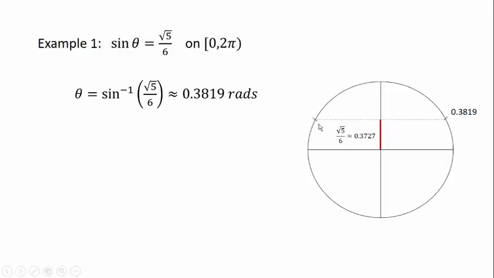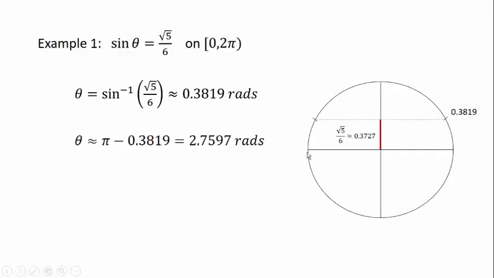Now, notice by symmetry that this arc length that is 0.3819 radians is equivalent to this arc length over here in the second quadrant. So that means if I take pi, which is represented here, and I subtract that 0.3819, I will end up with the radian measure at this point.